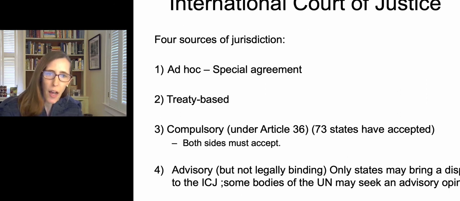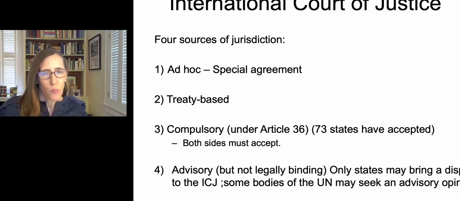Now, there are 4 different ways in which the court can get jurisdiction that are laid out here. Ad hoc, that is, that there's a special agreement between parties, between states. Treaty-based, there may be a treaty that sends disputes under the treaty to the International Court of Justice. A small number of cases arrive at the court under what's called compulsory jurisdiction. Both states to the dispute have to have accepted in advance the compulsory jurisdiction of the court in order for compulsory jurisdiction to exist.